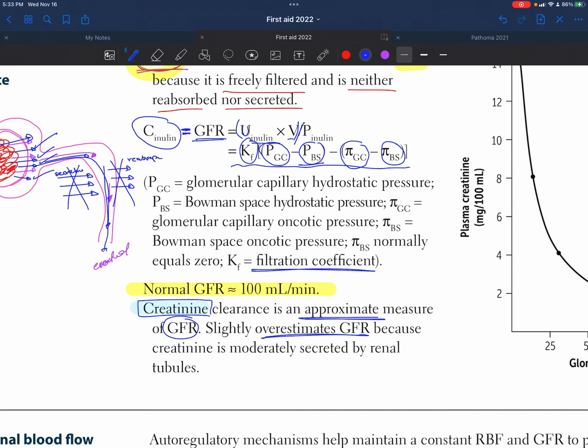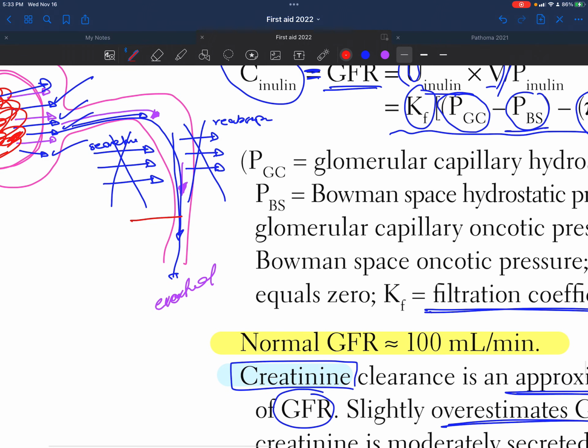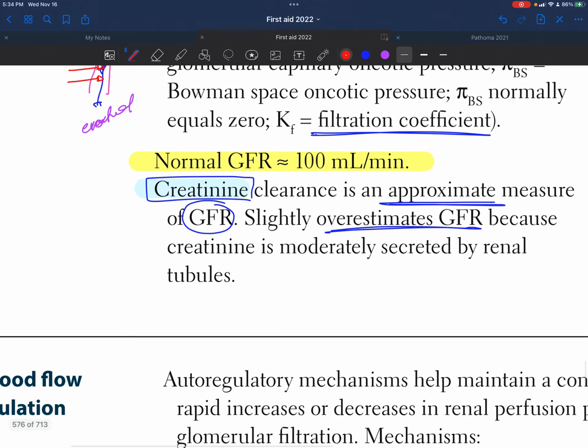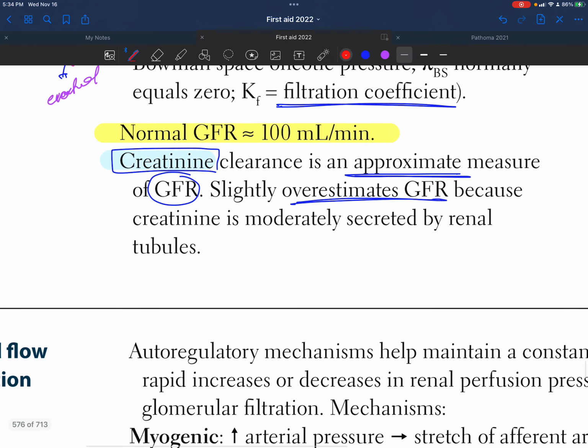Why does it overestimate the GFR a little bit? Because creatinine is secreted into the urine. So it's not like inulin, which is neither reabsorbed nor secreted. Creatinine is actually secreted, so it slightly overestimates the GFR.